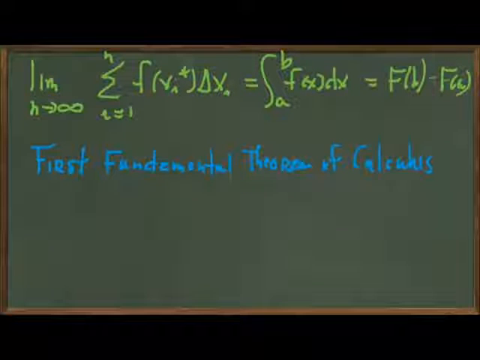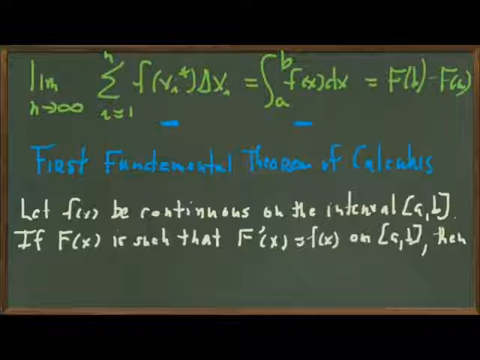So in the lab we saw that this limit was the exact area, and what we have just said is that another name for that limit is this notation, the integral from a to b of f of x dx. What we're going to show is that we can calculate this definite integral as capital F of b minus capital F of a. So let's define the function capital F and set up the proof of this theorem.